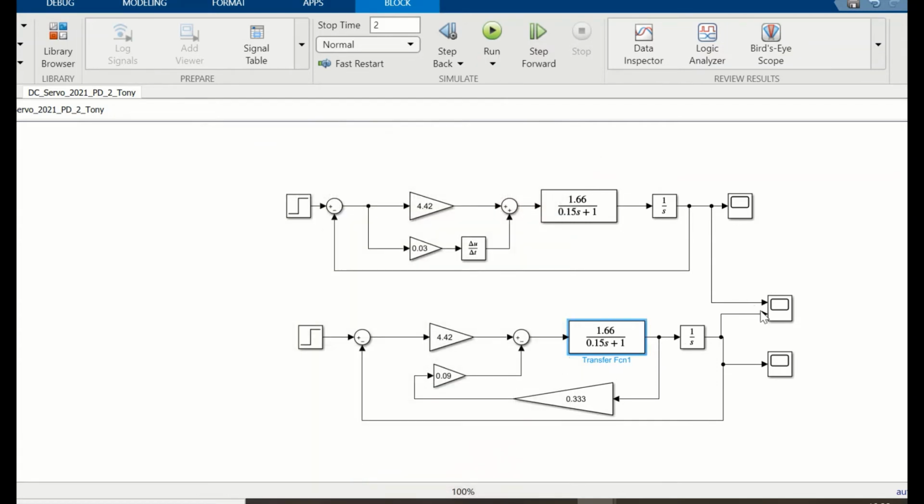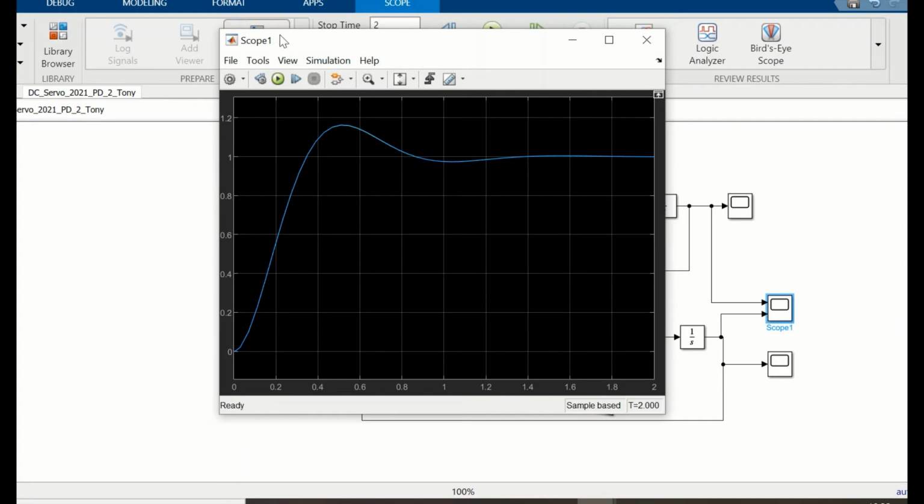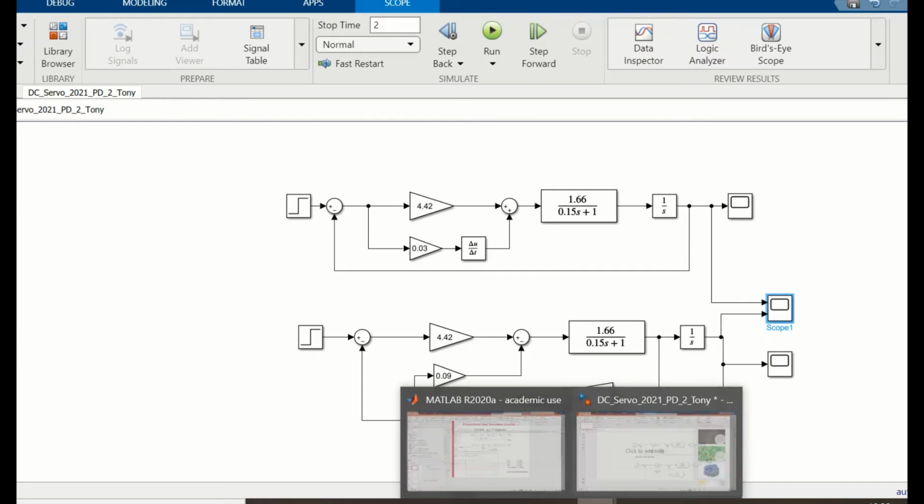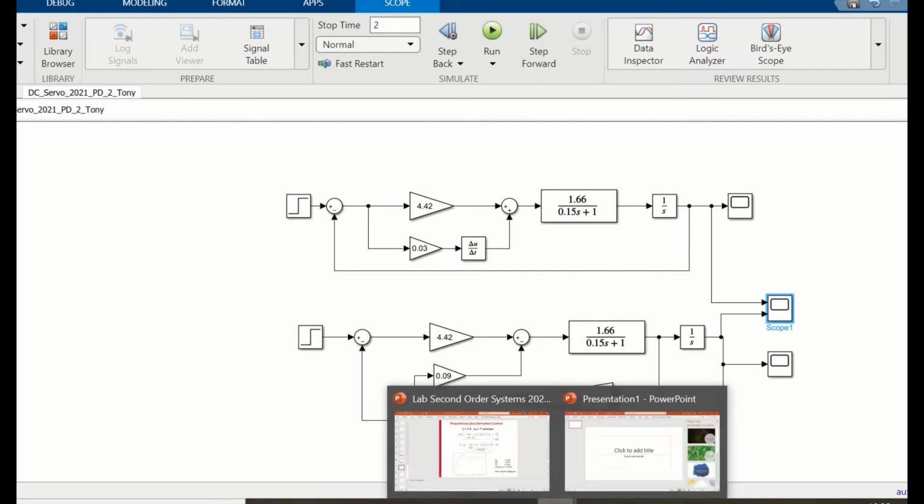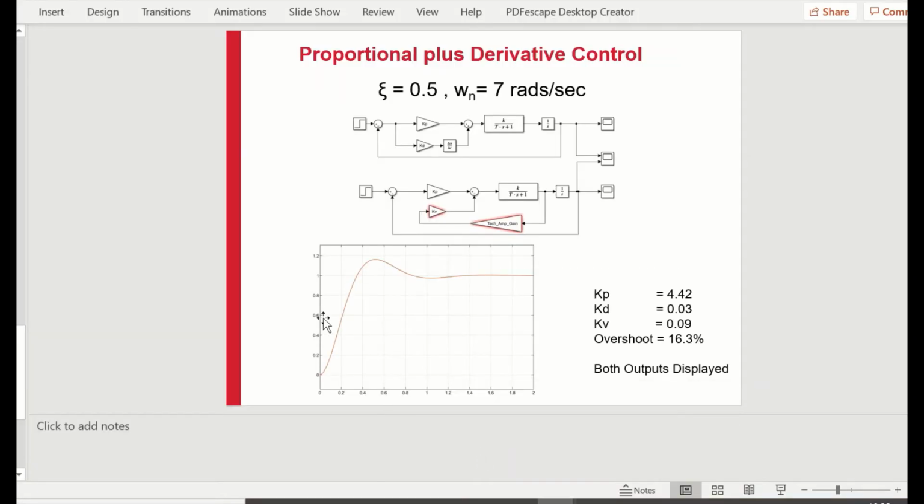So looking at this response again, if we just run it again. So here's the response, and this has got now that 16% overshoot, and TP is about probably half a second, isn't it? Half a second. If we go back now, so that's our transient response here, and this is the same graph really. So if we move on now, this was a damping ratio of 0.5.